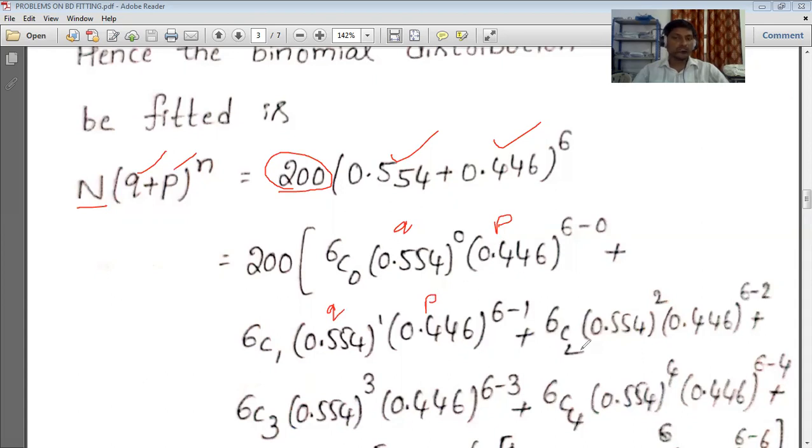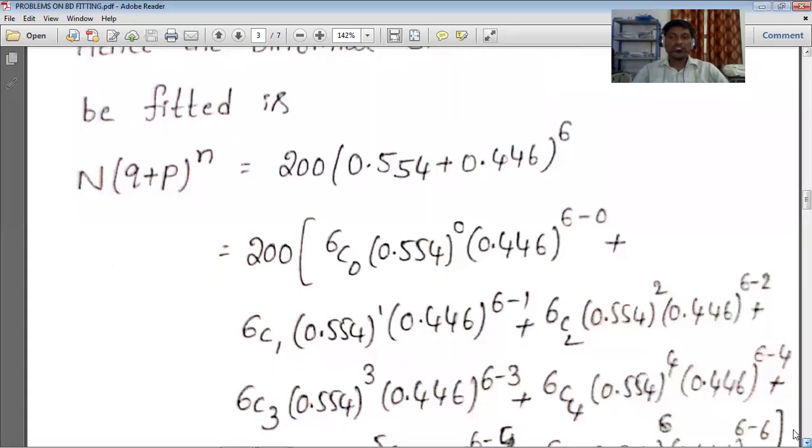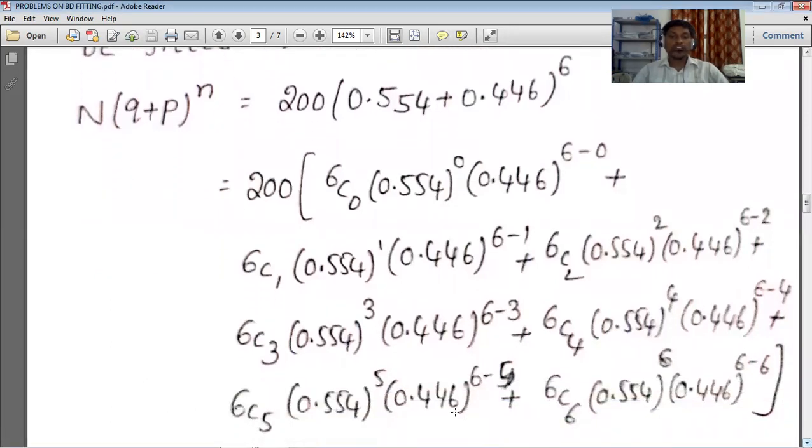Next 6C2, q square p power n minus x, so 6 minus 2. In the same way 6C3, next 6C4 q power 4 p power 6 minus 4, then 6C5 and 6C6. So we just applied the binomial theorem.